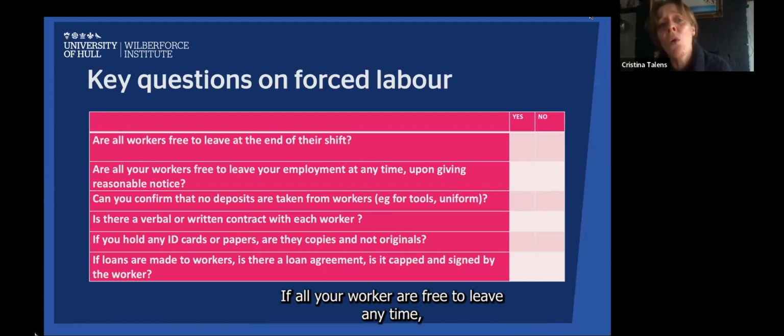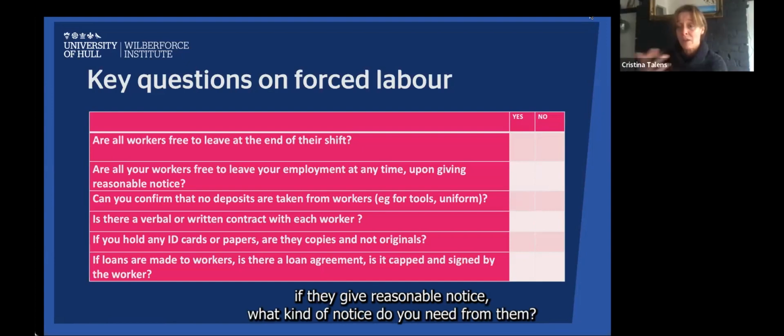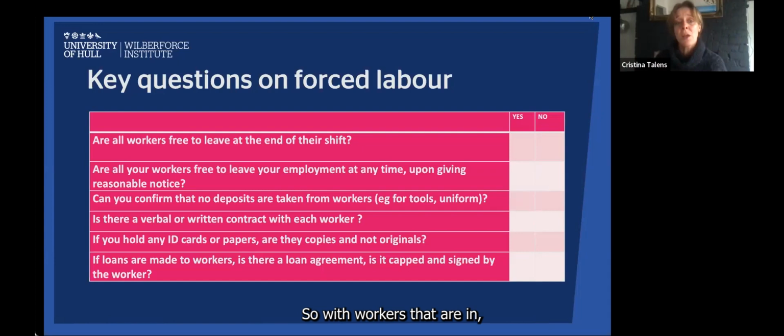Are all your workers free to leave at any time if they give reasonable notice? What kind of notice do you need from them? With workers in more manual jobs, you'll often find that they are paid on a weekly basis.